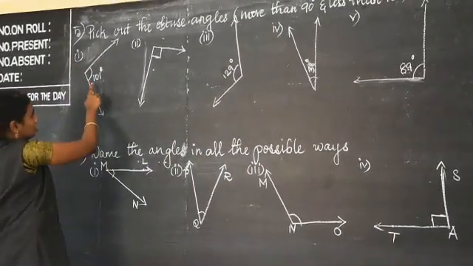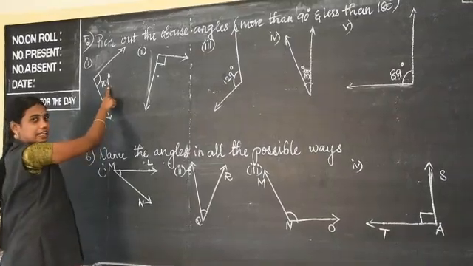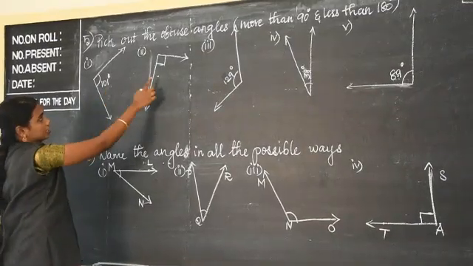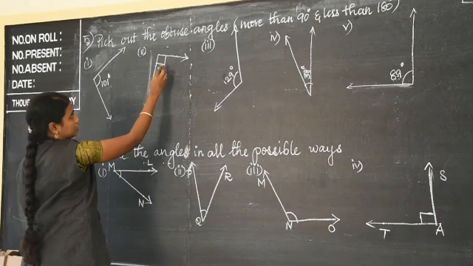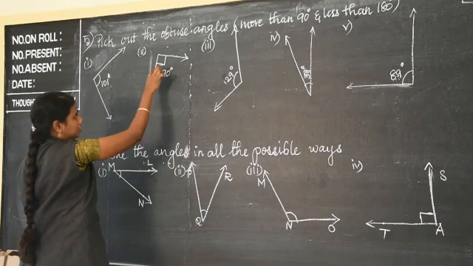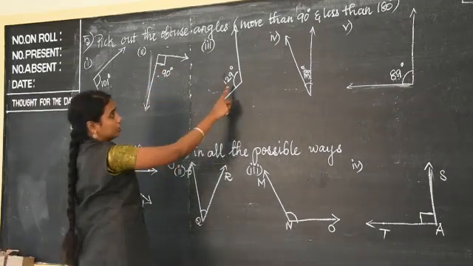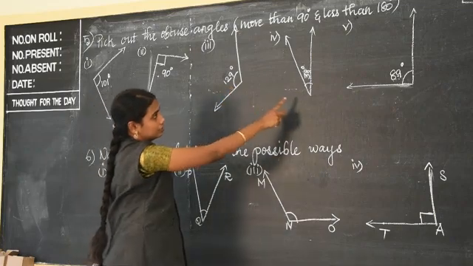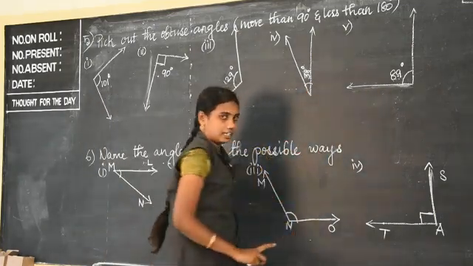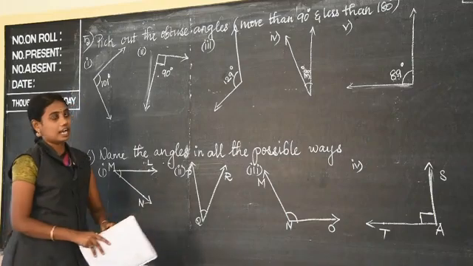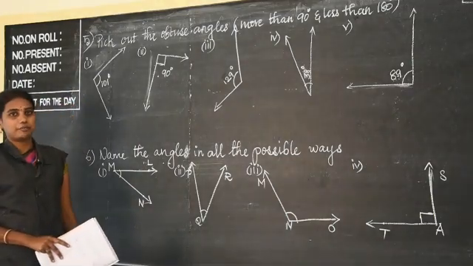First one, listen to me. 101. It's between 90 and 180 degrees. Here, what angle is it? 90 degrees, yes or no? It's perpendicular, so 90 degrees. Here, 129 degrees, 38 degrees, 89 degrees. More than 90 degrees and less than 180 degrees is an obtuse angle.